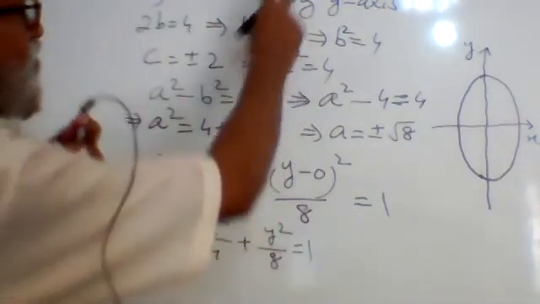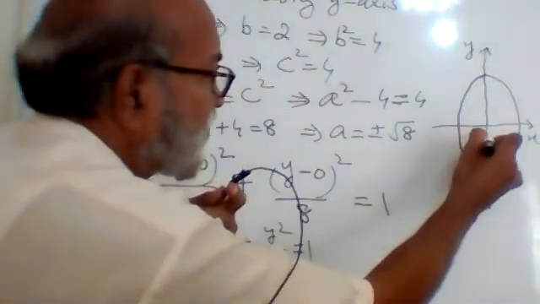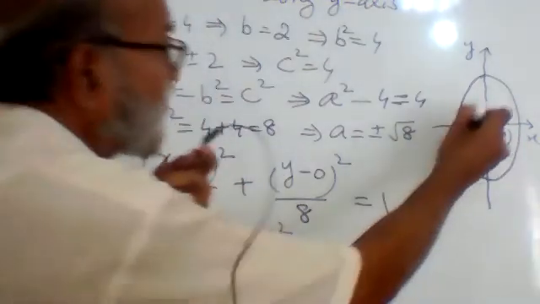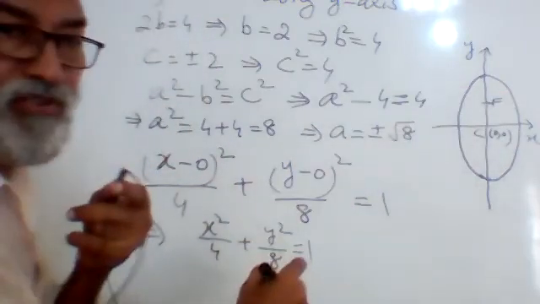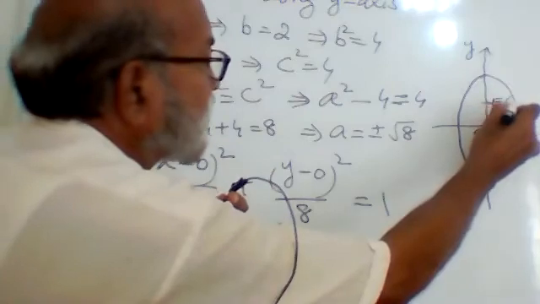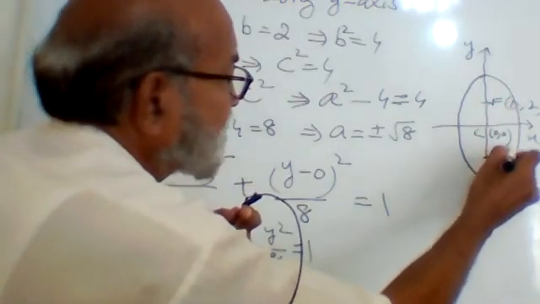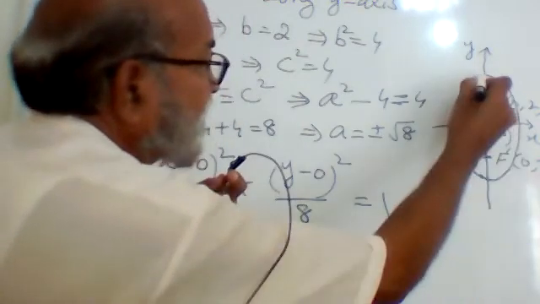Center 0, 0 here. One focus will be there, 0 comma 2. One focus will be there, F dash, 0 comma minus 2.